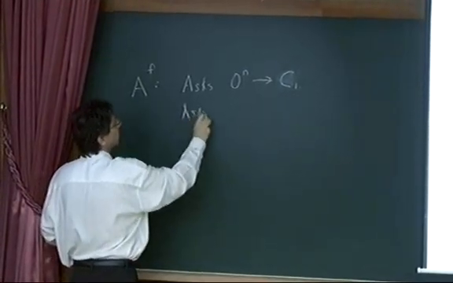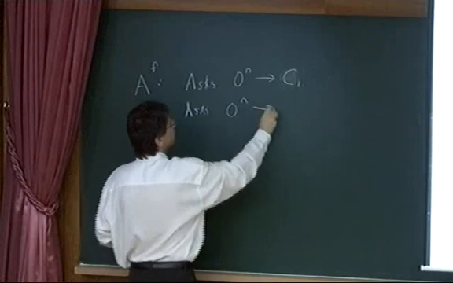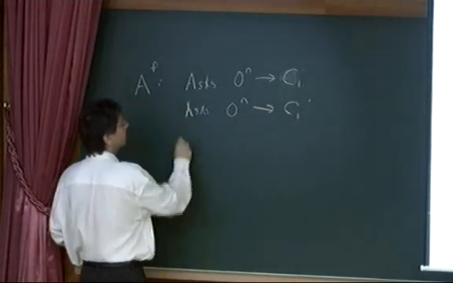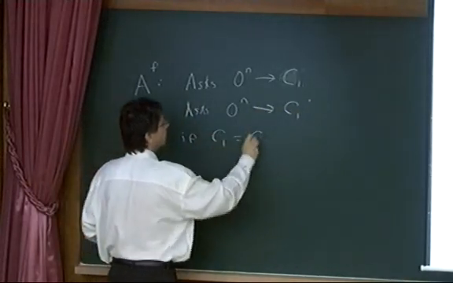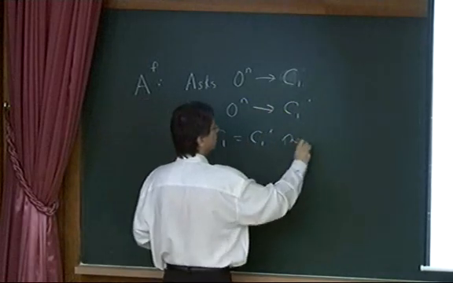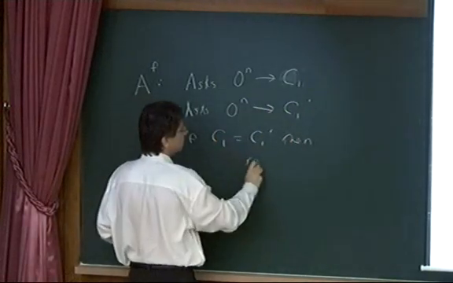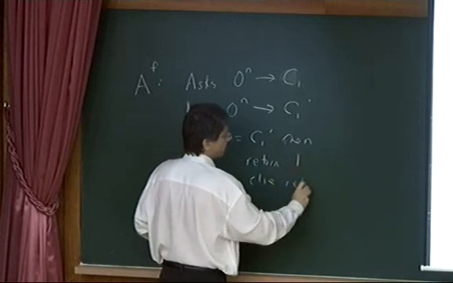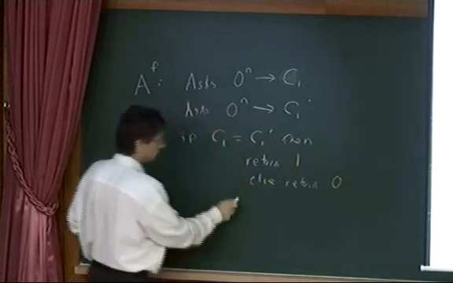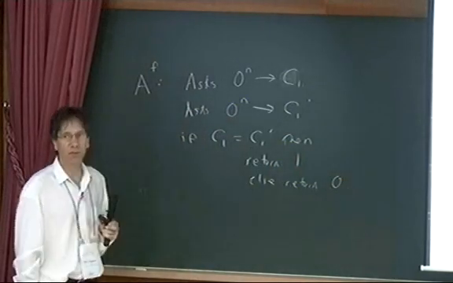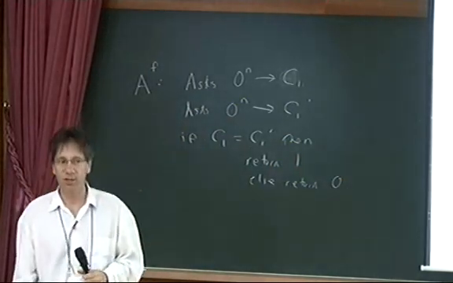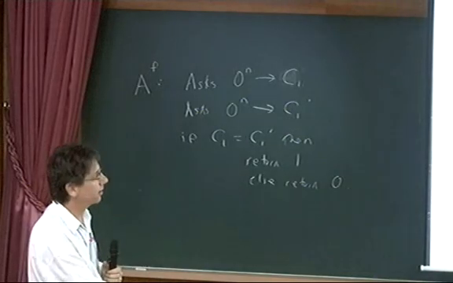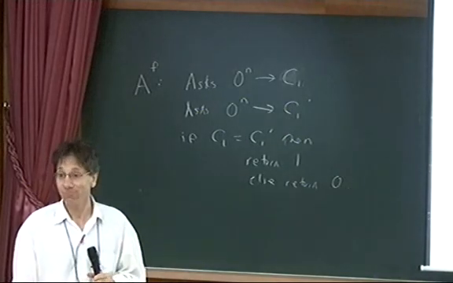Then it asks 0 to the n again. It gets back C1 prime. If C1 equals C1 prime, then my adversary A is going to return 1. Otherwise, it's going to return 0. And the argument I just gave says that this adversary gets advantage 1 minus 2 to the minus n, n being this length. Clear?